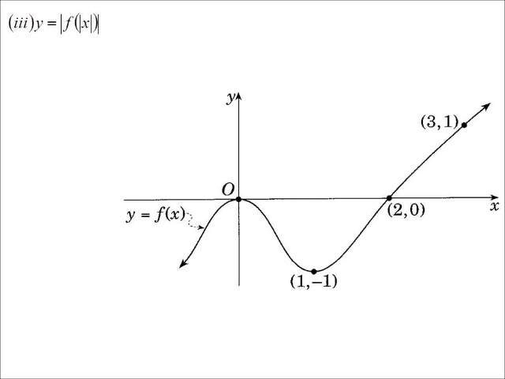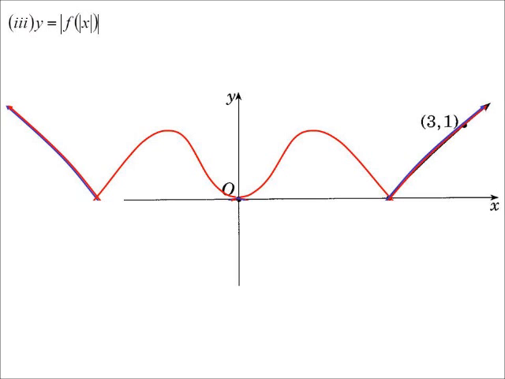Well, function absolute value x was left-hand side disappears, and then we reflect what's on the right over to the left. And then absolute value of that new curve will be, once we've done that, whatever's below will reflect above. So, okay, that's a little bit dodgy. But there it is. So we've got absolute value, function, absolute value, x.